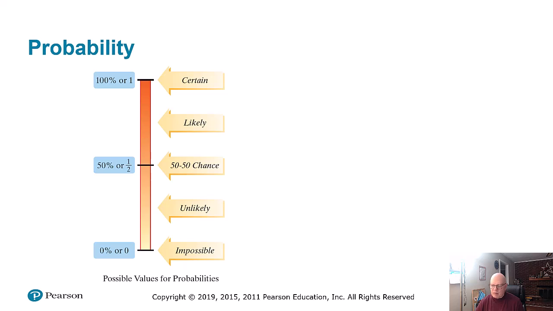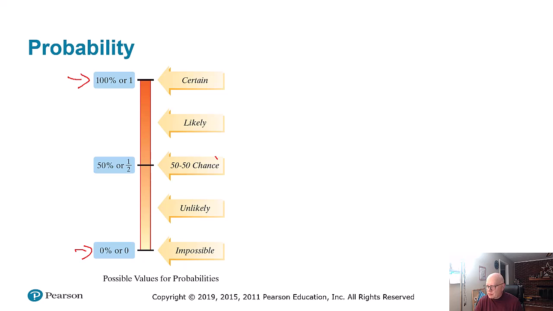So here are some words you can put to various probabilities. As you can tell here, the probabilities go from 0 at the bottom to 100%. Nothing above, nothing below. So when someone says they're giving 110%, well, that isn't possible. Nor is the probability of rain more than 100% or less than 0%.